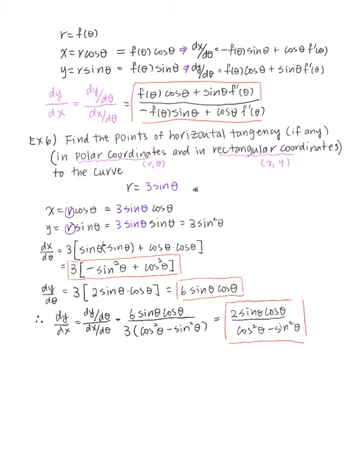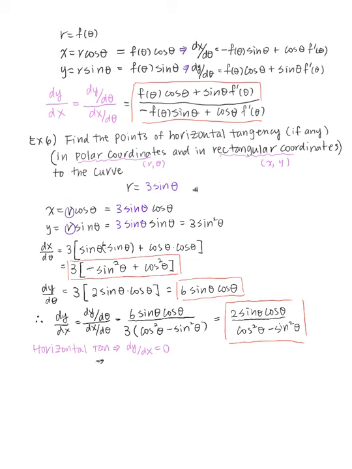Alright, so now the question is asking us to find the horizontal tangency. Horizontal tangency implies that we're going to have to set dy over dx equal to 0. So that means our numerator has to go to 0. But let me write every step out.